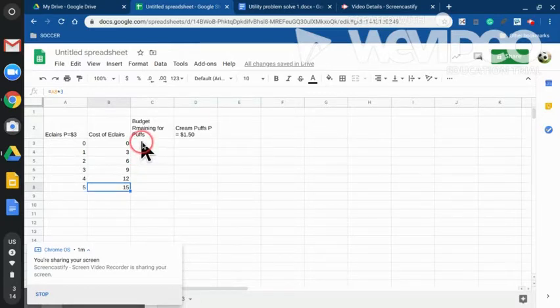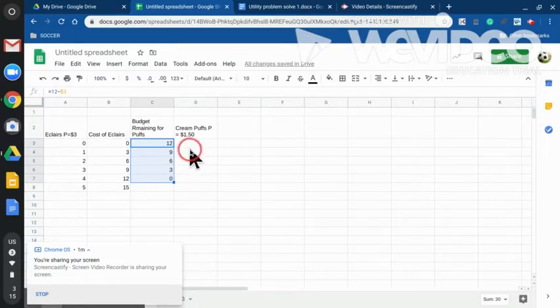So the next thing I'm going to do is calculate the budget remaining for cream puffs. I've got $12, and I'm going to subtract from my budget of $12 the cost of the eclairs. And again, I'm just going to copy that formula down.